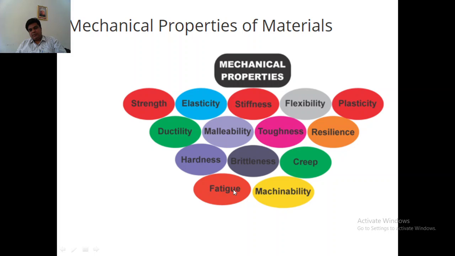Machinability, fatigue, all those things you will be learning in higher semester subjects, in design and in machining processes. So all these properties you will learn in different courses of mechanical engineering, and strength, stress and strain you will learn in this strength of materials or mechanics of materials course.